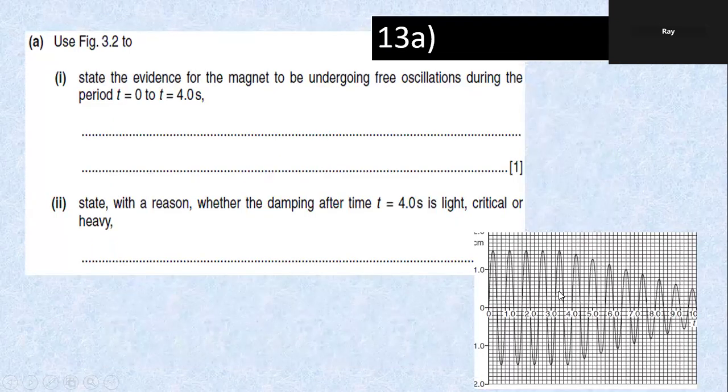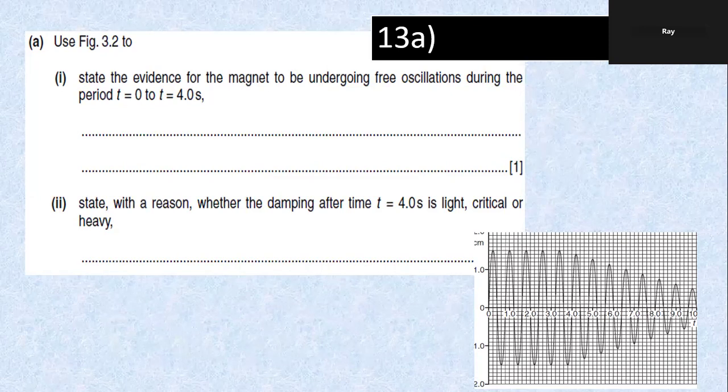State the evidence for the magnet to be undergoing free oscillation during the period t equals 0 to t equals 4 seconds.